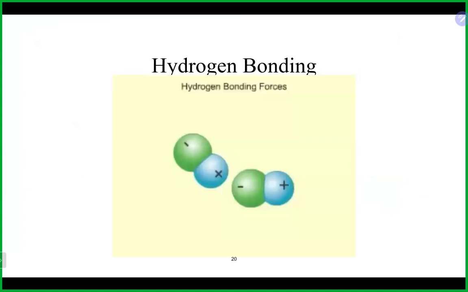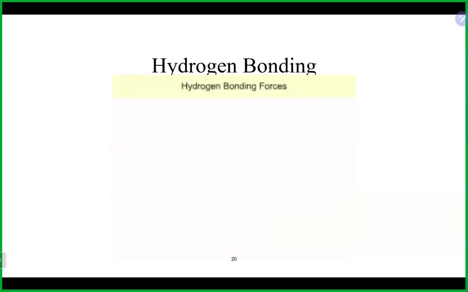So here's a little bit about hydrogen bonding. Some polar molecules have unusually strong intermolecular attractions called hydrogen bonding. These attractions occur in molecules where hydrogen is bonded to fluorine, oxygen, or nitrogen. The interaction occurs between the hydrogen of one molecule and an unshared electron pair on the more electronegative element in another molecule.